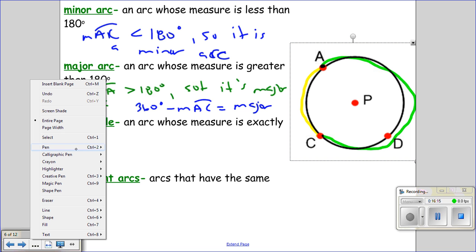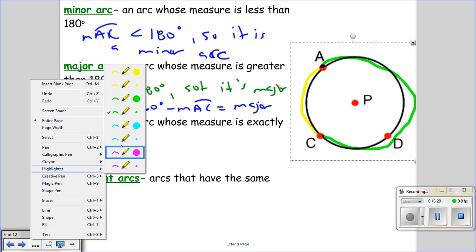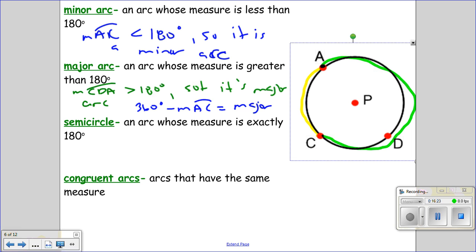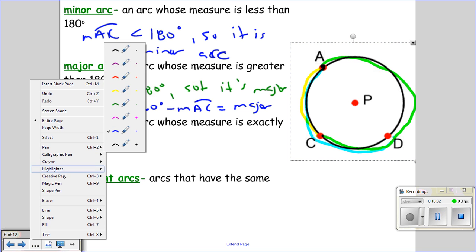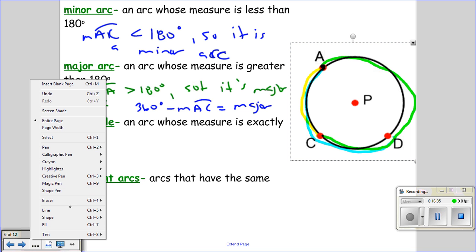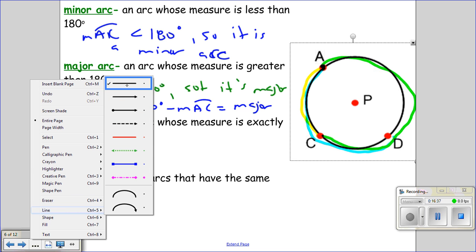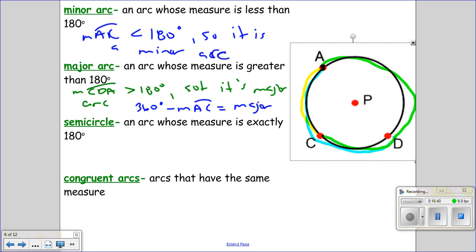A semicircle in this example would be arc ACD, because line AD goes through the center, so it's the diameter of the circle, and the arc formed by the diameter of the circle will always be a semicircle.